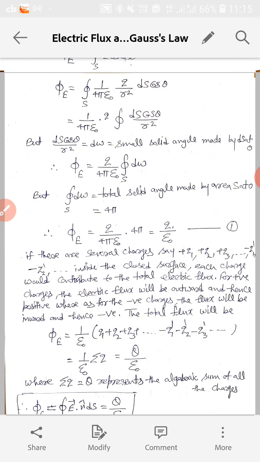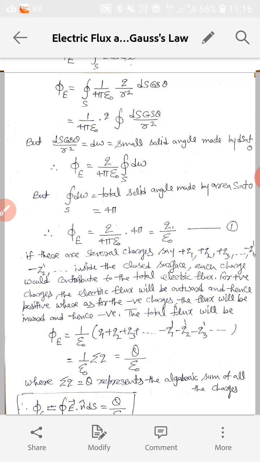That can be written as phi e equals 1 by epsilon 0 times plus q1 plus q2 plus q3, then minus q1 dash minus q2 dash minus q3 dash, up to n charges which we have. Then phi e will be 1 by epsilon 0 times the summation of q, which is nothing but the total charge enclosed in that surface. So capital Q will be the algebraic sum of all the charges.